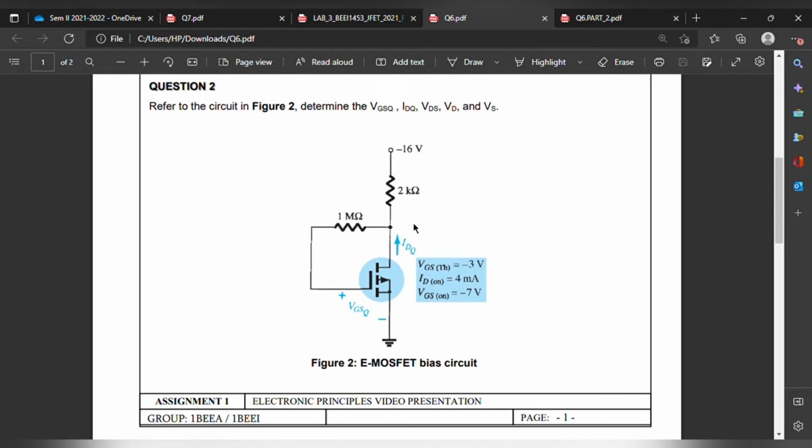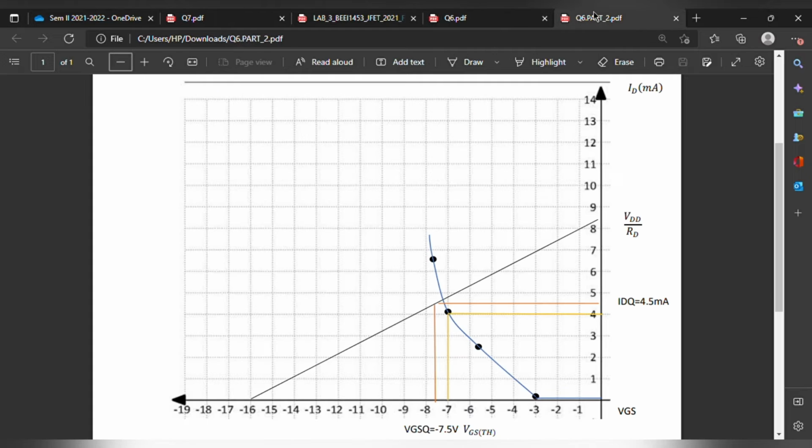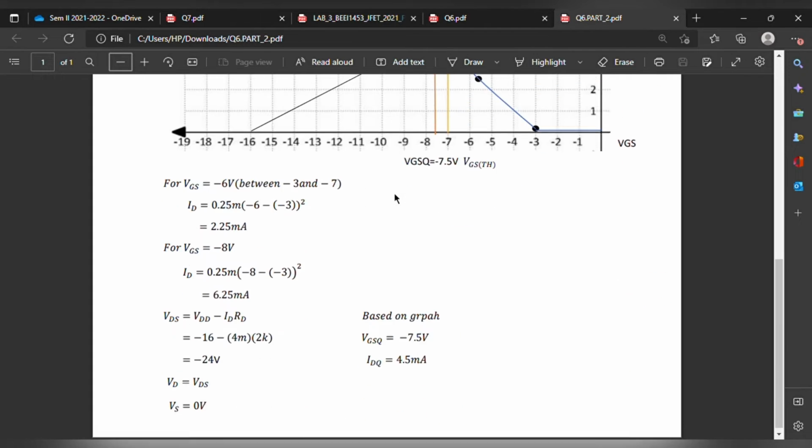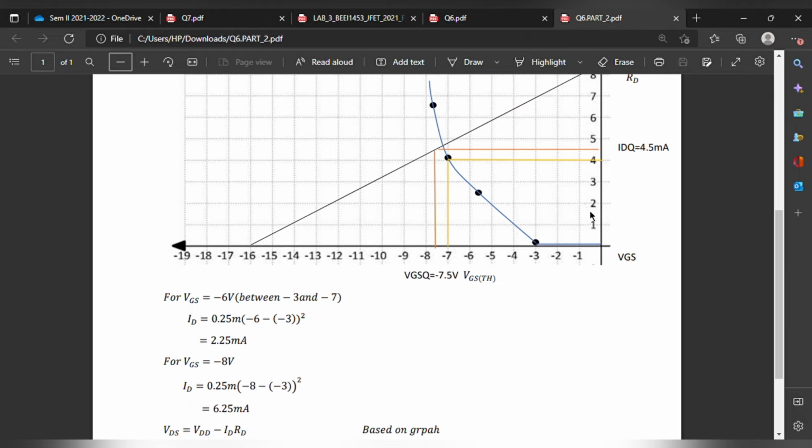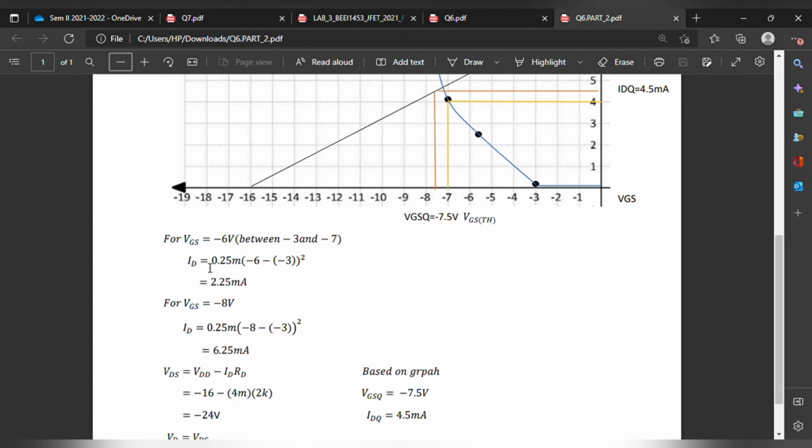Assalamualaikum. Next, question 2 is to determine the VGSQ, IDQ, VDS, VD and VS. Figure 2 is an E-MOSFET bias circuit. Proven by the calculation, to find VGSQ and IDQ, we need to calculate for VGS equal to negative 6 volt, which is ID equal to 0.25 milli multiplied by, in the bracket, 9, which is equal to 2.25 milliampere.